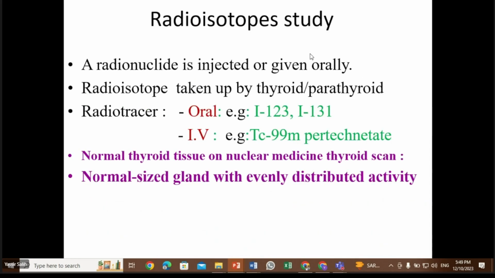Now, how does the normal thyroid appear on nuclear scintigraphy or radionuclide scan?